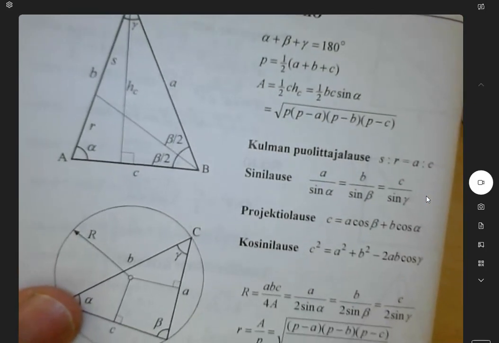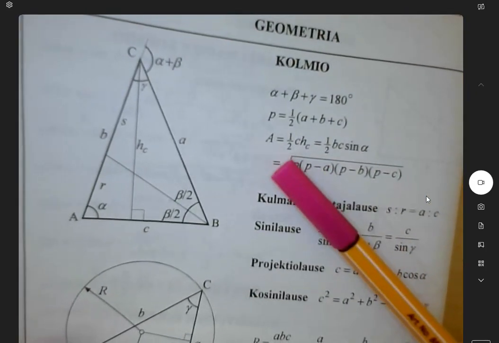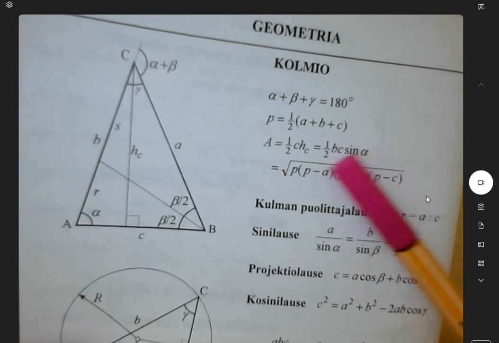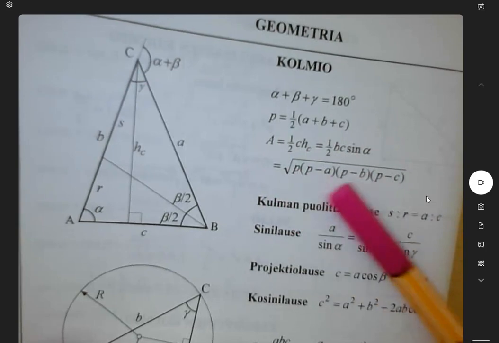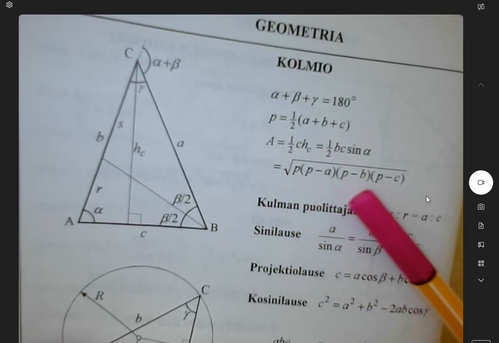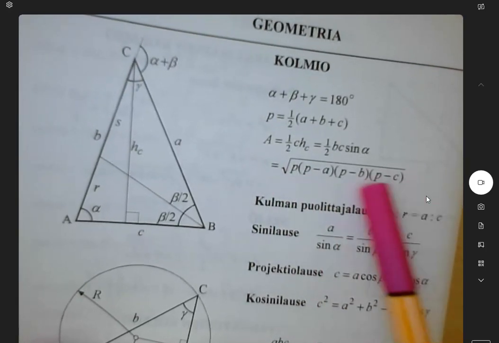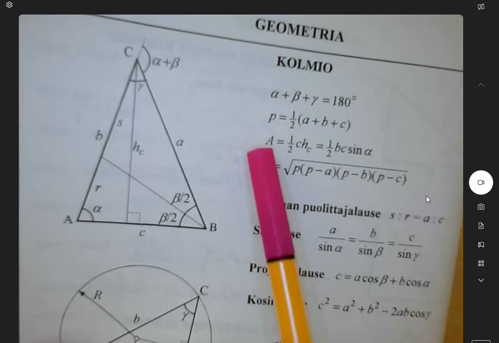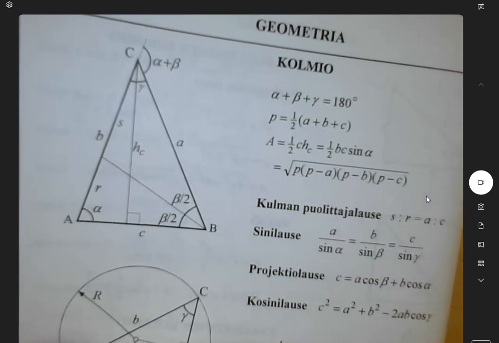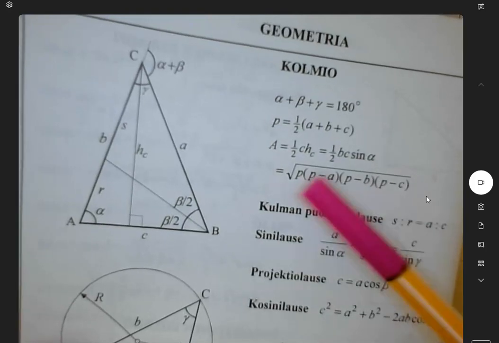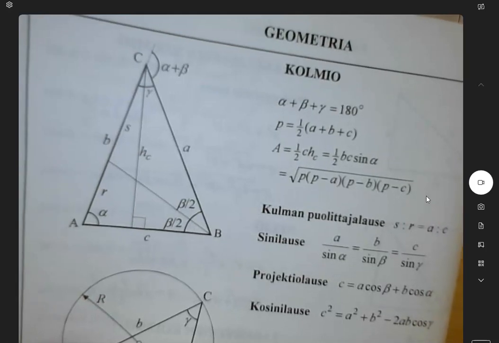Here, in this book it is not named in any way, but this formula, do you remember the name of this formula when calculating the area of a triangle? This formula has a name.